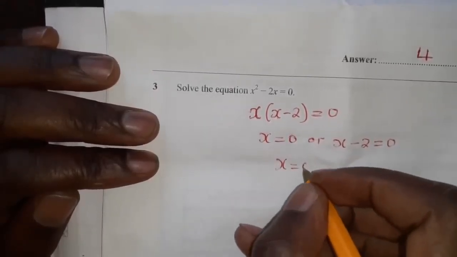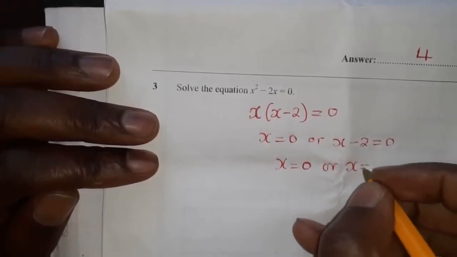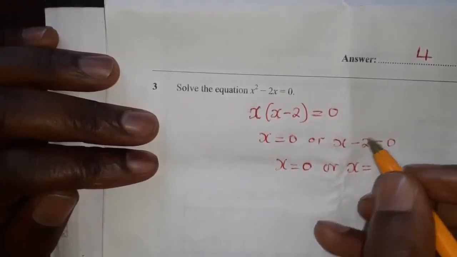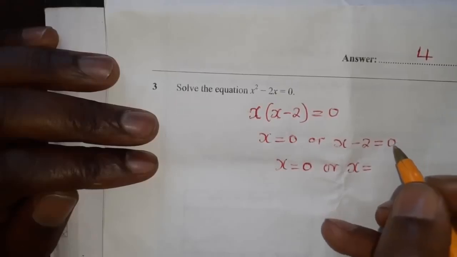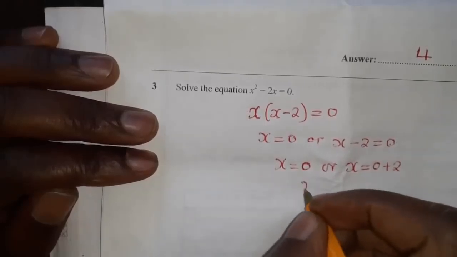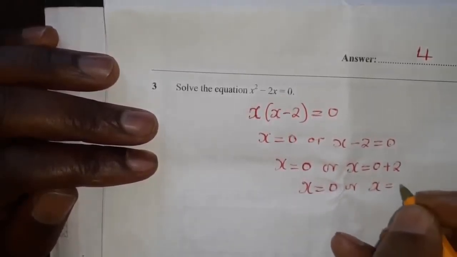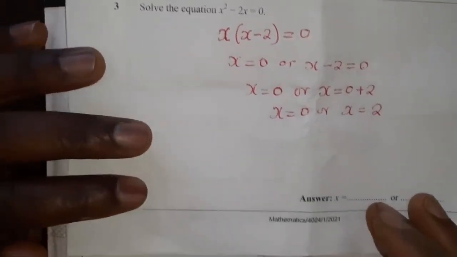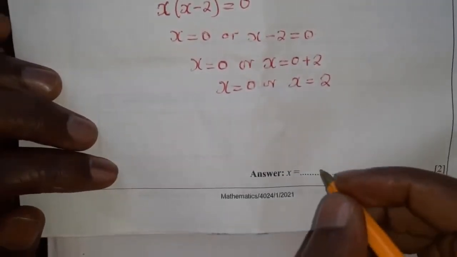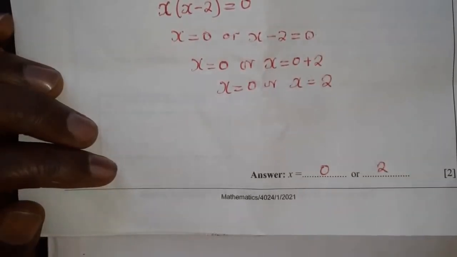This 2 must come to the other side, so it will be 0 plus 2. So x is equal to 0, or x is equal to 2.